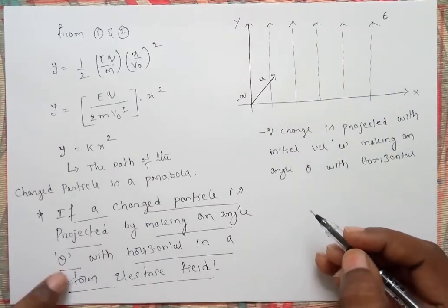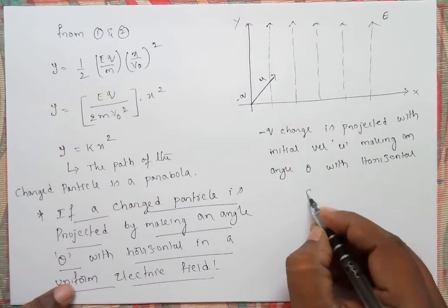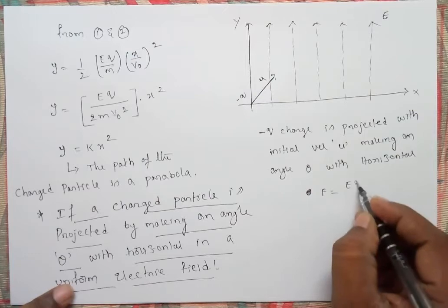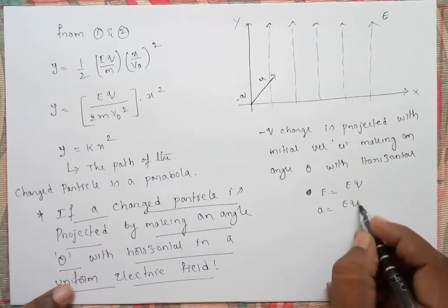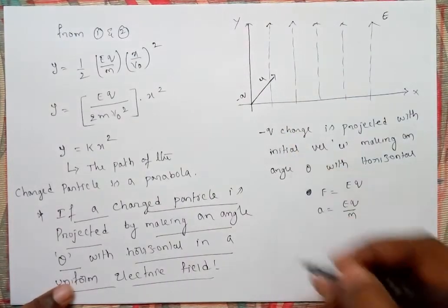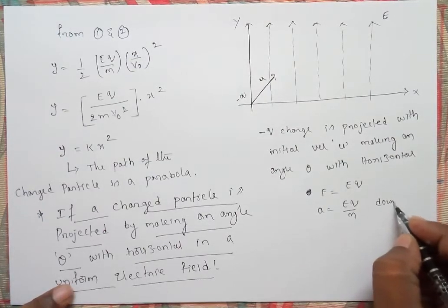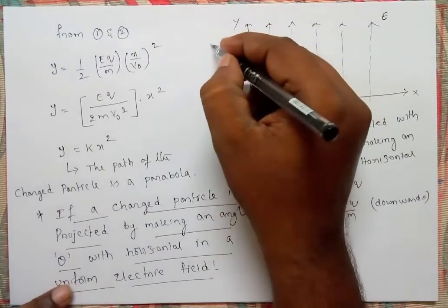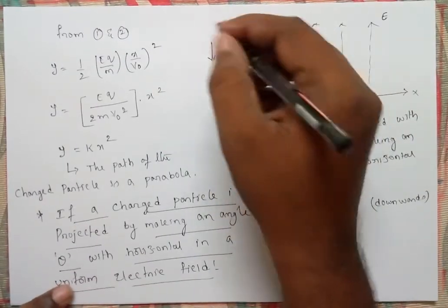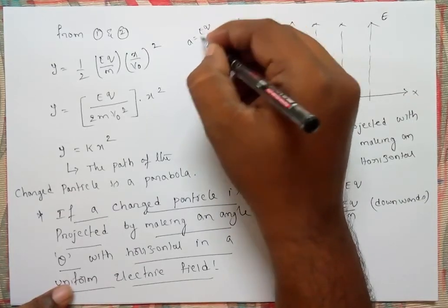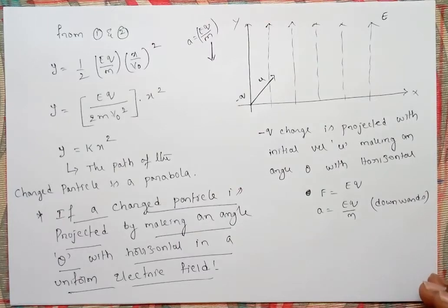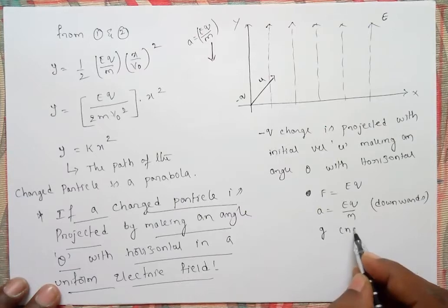That means the acceleration a, where force F equals Eq, then a equals Eq by m, acts downwards. And g is neglected; acceleration due to gravity we are not considering.